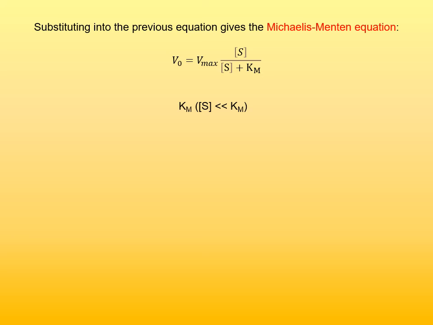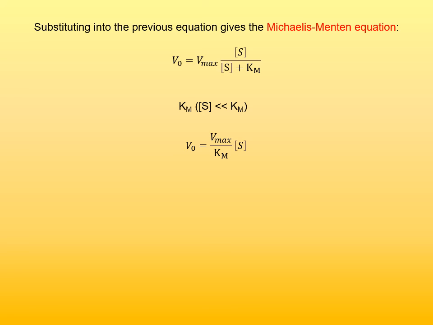Now at low substrate concentrations, concentration of substrate is much lower compared to Km. And then we can simplify this equation. So initial rate equals Vmax over Km multiplied by concentration of substrate.